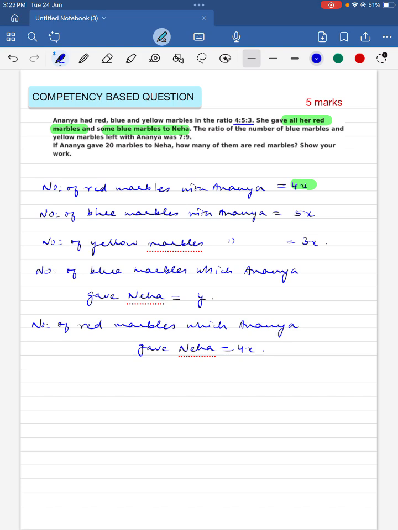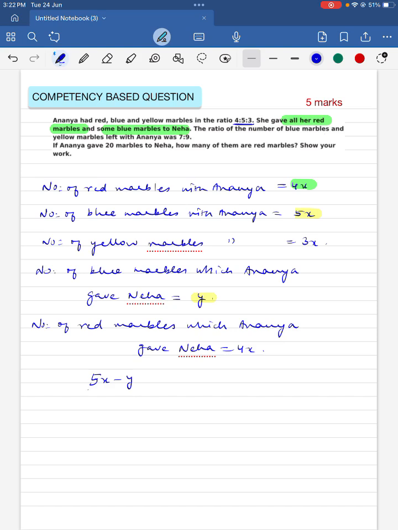Okay, now they've said that the ratio of the number of blue marbles and yellow marbles left with Ananya was 7:9. To begin with, she has 5x blue marbles, of which she gave y to Neha. So how many will be left with her now? She has 5x minus y blue marbles left with her.